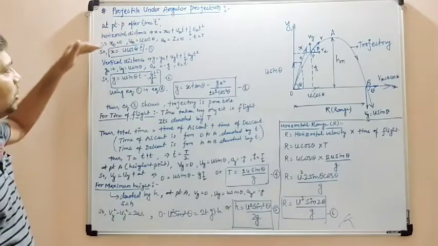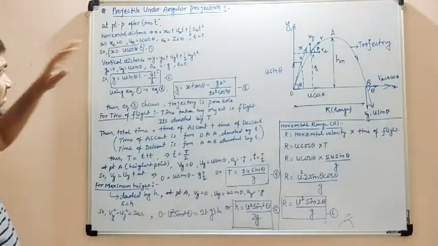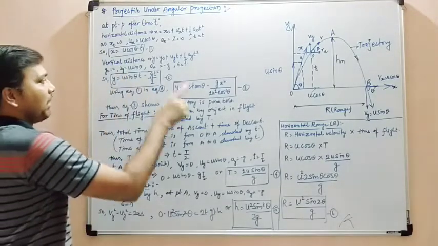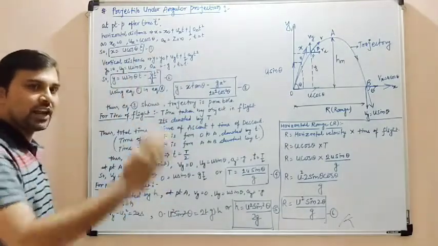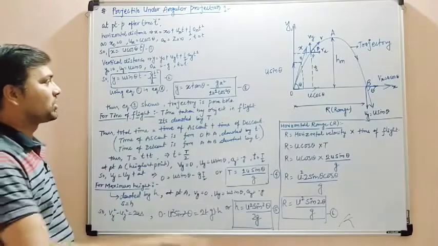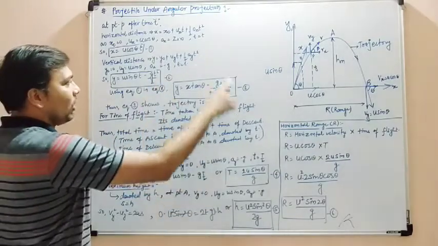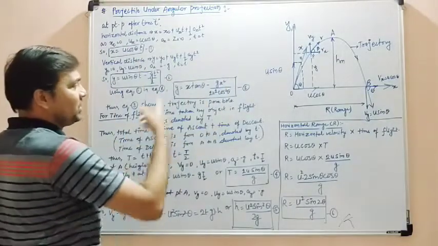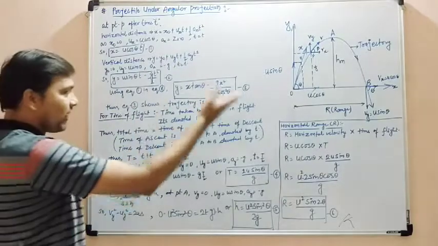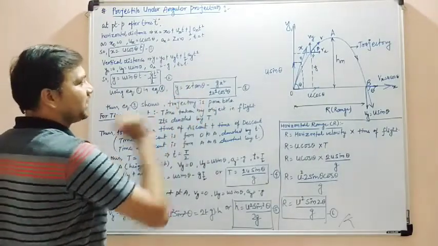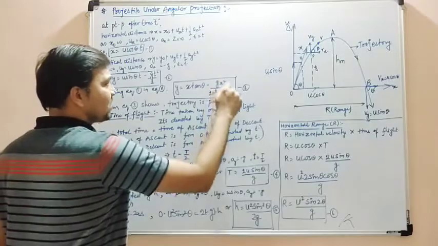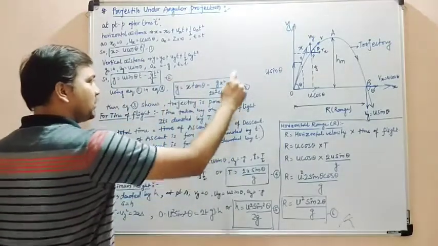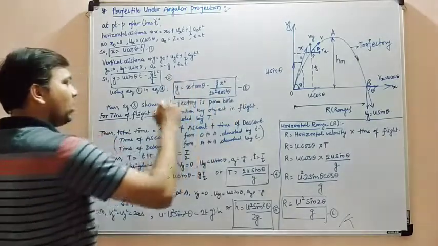After taking t on one side and the other components on the other side, the value of t will be replaced over here, and after the mathematical calculation, with sin by cos becoming tan theta, the final expression of y will be y equals x tan theta minus g x square upon 2 u square cos square theta. This is the final position of P along the y-axis.